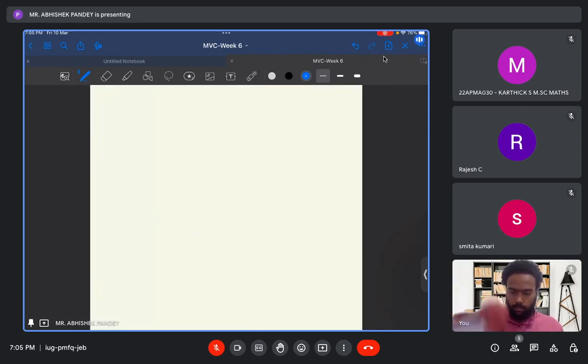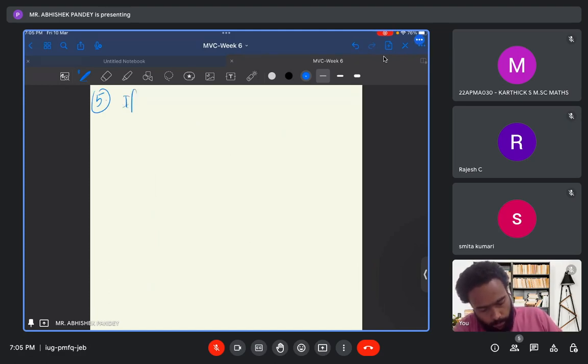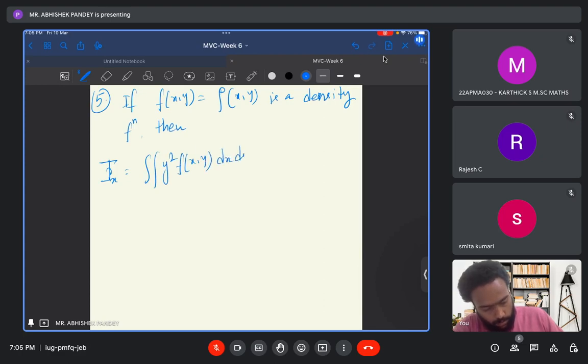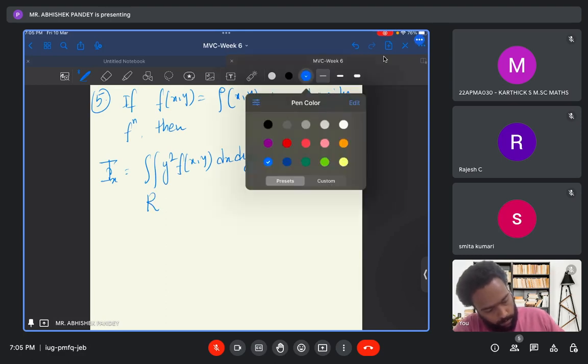Now the fifth thing is related to the moment of inertia. If f of x comma y equals rho of x comma y is a density function, then this integral Ix equals the double integral over R of y square f of x comma y dx dy.